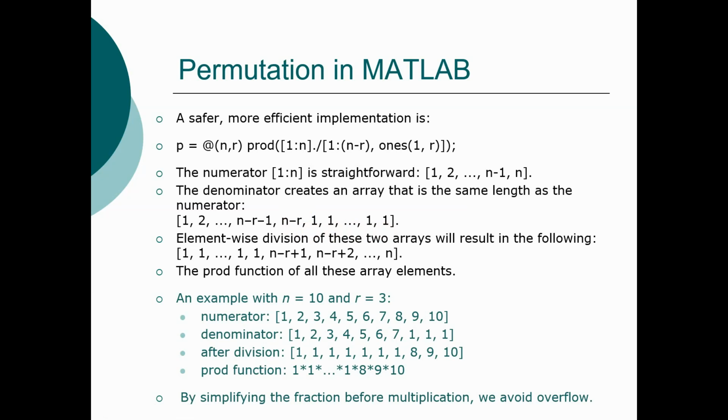Now, what happens if we do element-wise division? 1 divided by 1 is 1, 2 divided by 2 is 1, 3 divided by 3 is 1, n minus r minus 1 divided by itself is 1, and n minus r divided by n minus r is 1. Everything else in the numerator is divided by only 1, so it comes through: n minus r plus 1, n minus r plus 2, all the way to n.